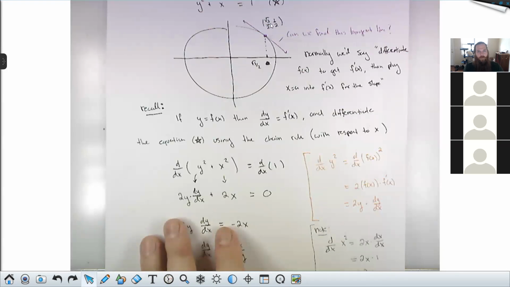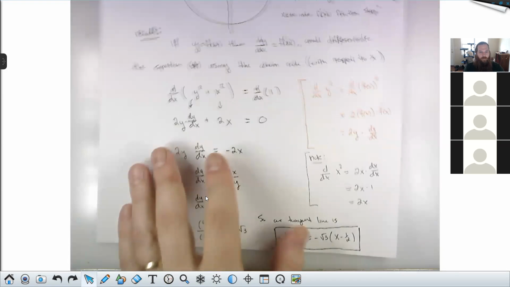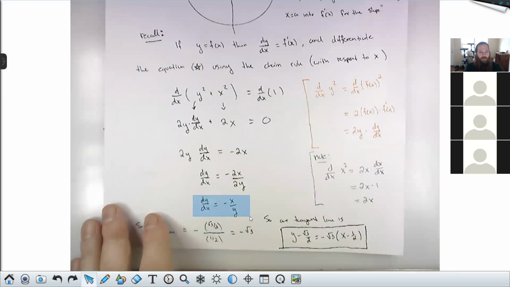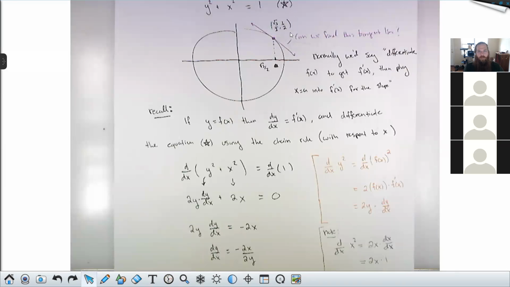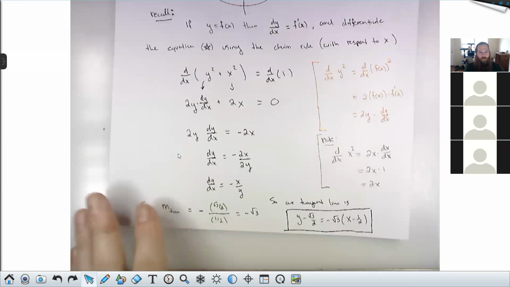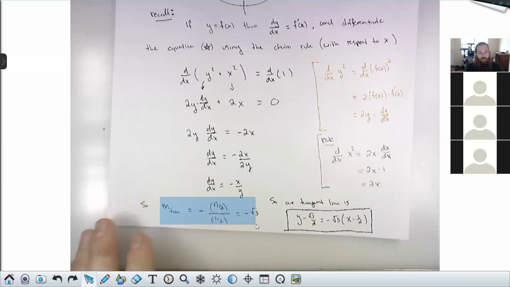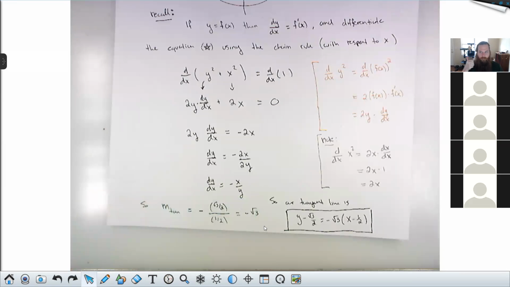At this point, x is √3/2 and y is 1/2. So if this is a formula that tells me the slope of the tangent line at the point x comma y, and I want the slope at this point, then I have to plug in this for x and this for y. And that's exactly what we did in the next line. So that's what we did after negative x over y. Okay, that makes sense. Cool.